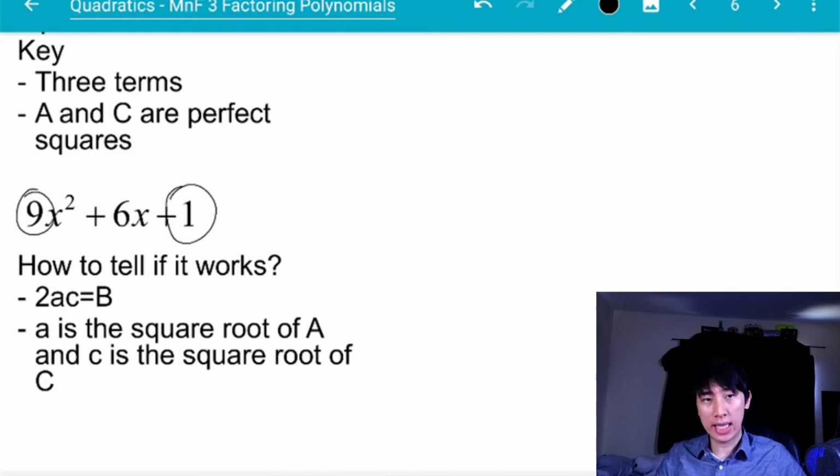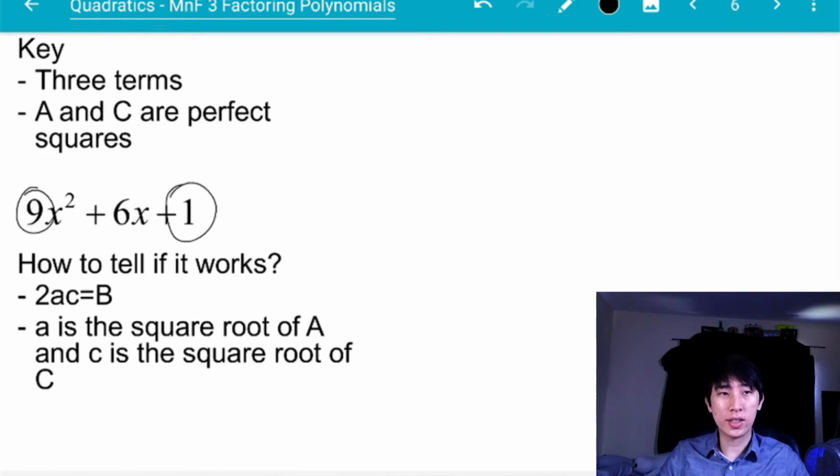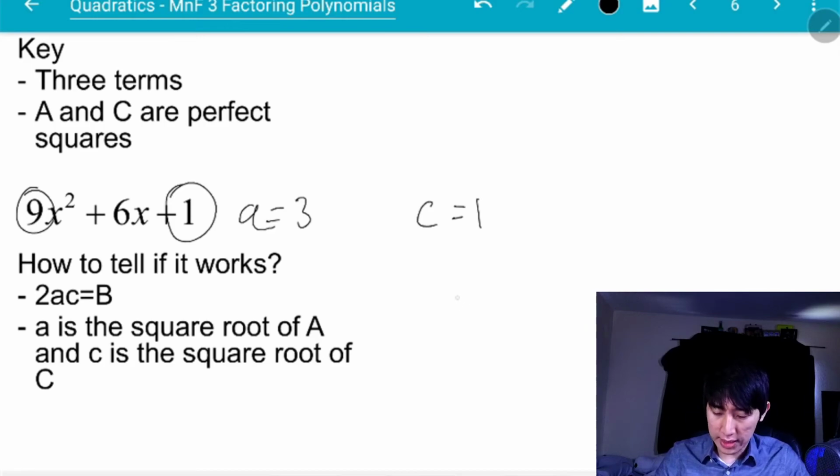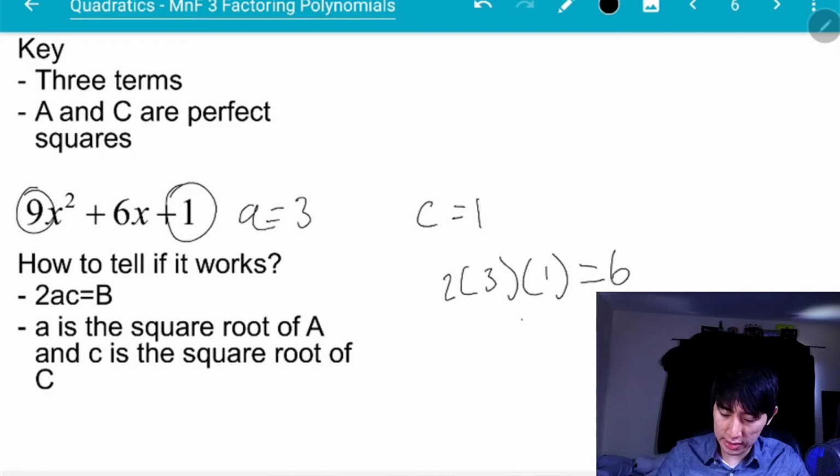That's capital A and capital C. Lowercase a is the square root of A, meaning what times what gives me 9, and the answer was 3. And what times what equals capital C, what times what equals 1, that just happens to be 1. So we're going to check 2 times a, which is 3, times c, which is 1, should equal 6. 6 equals 6.